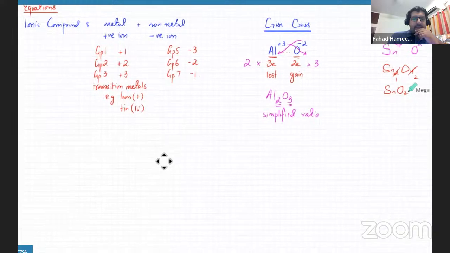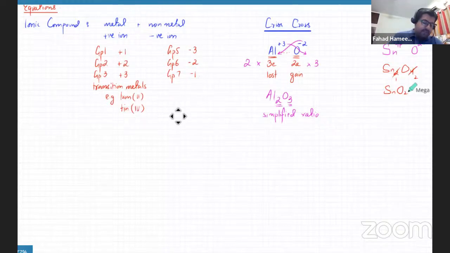Now there's another thing, which is that ions are not limited to simple ones. You've got certain ions which are known as molecular ions, or polyatomic ions.